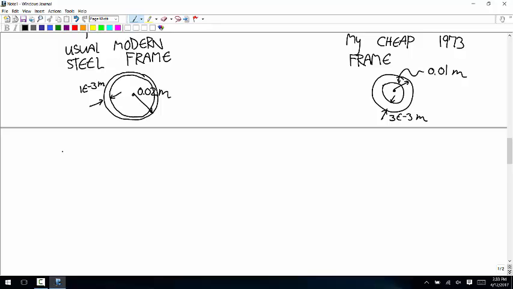So the area here is pi times 0.02 squared minus 0.019 squared. Did I do that right? Can someone calculate what that area is?